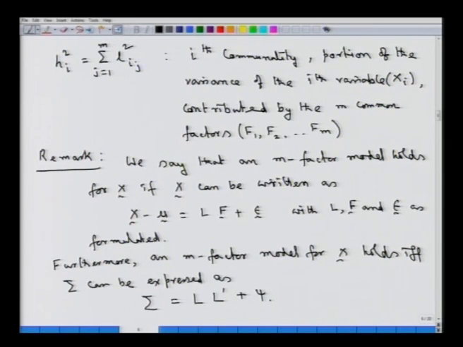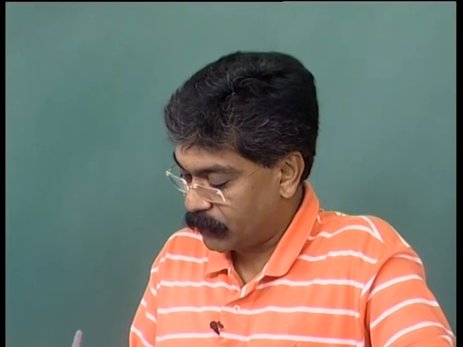So this is how one checks whether a given random vector x with a covariance structure equal to sigma conforms to an m factor model, where m typically is less than the order of the original random vector, that is p. That can be checked using this particular equation.